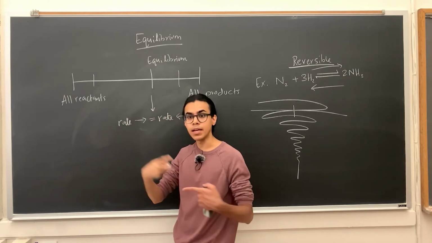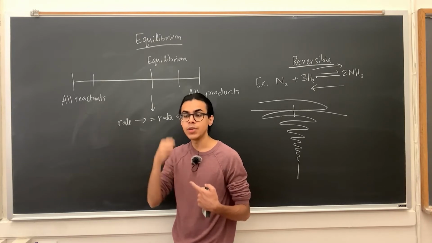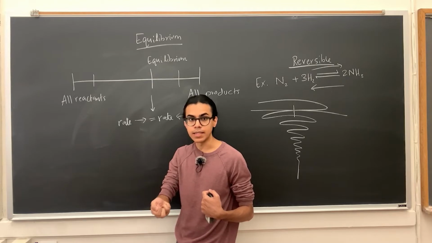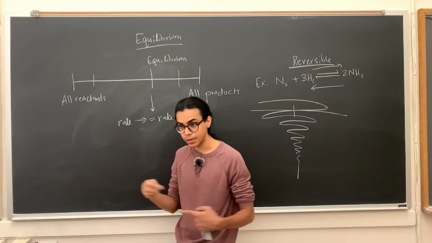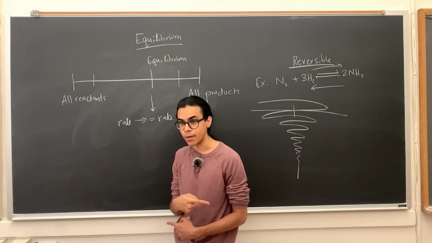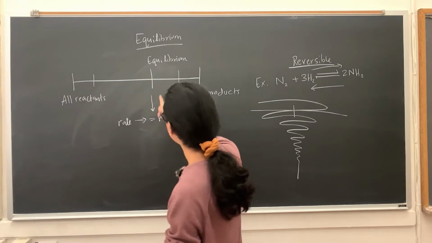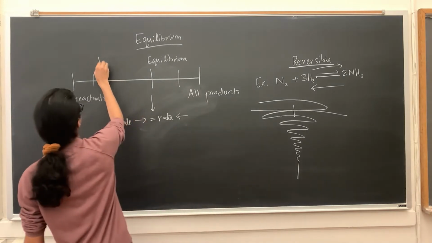It's just that because it's reacting in both directions at the same speed, you can't perceive a change, right? It's perceptually in equilibrium, although in theory there are reactions still going on, but they're happening at the same rate. Because of this, we distinguish chemical equilibria by calling it dynamic equilibrium.